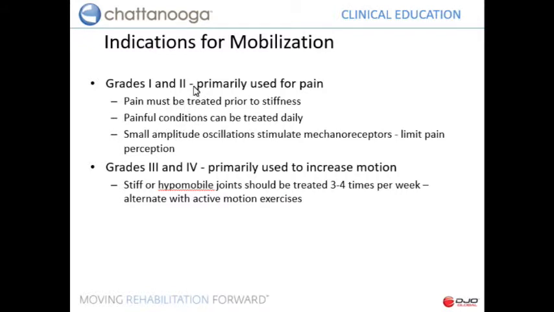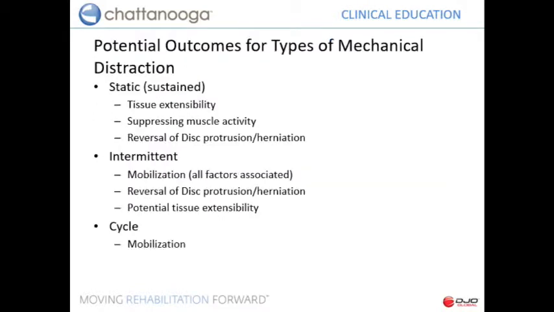So if you look at why we've used static historically, because it does certain things that may be indicated, it's ironic that it actually meets it at two ends of the spectrum, either the really early phase of a problem or a very late phase during a chronic condition. So what I'd like to do is use some indications as a guideline for some of the protocols. But these are the potential outcomes for the types of mechanical distraction.